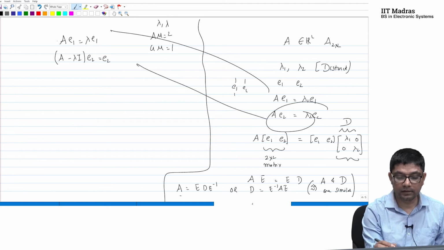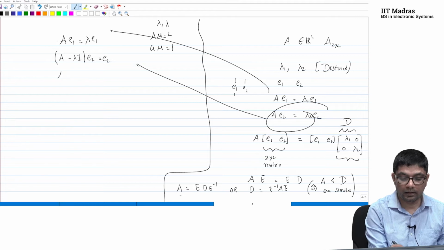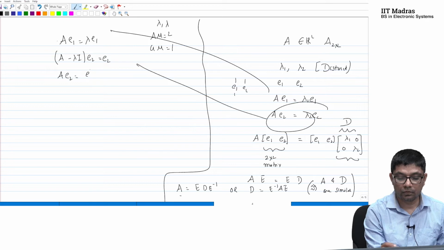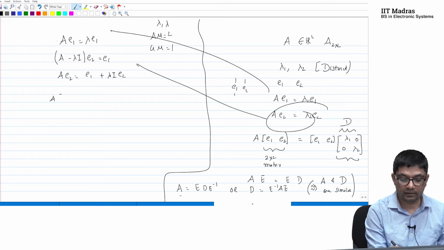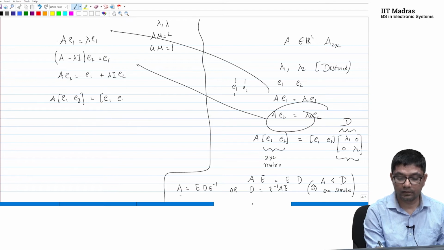This is E2, or A times E2 is now E1 plus lambda I E2. So just stack both of them up. A times [E1 E2] will be again [E1 E2] times something. The first will be A E1 is lambda E1.